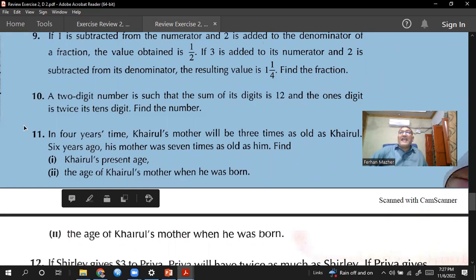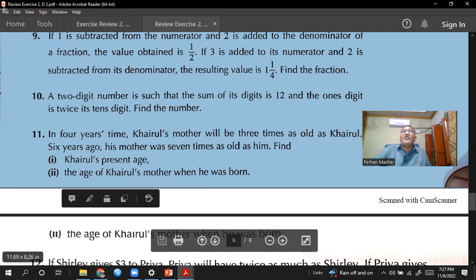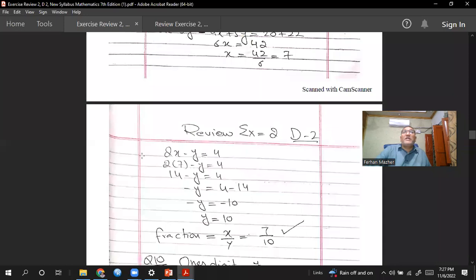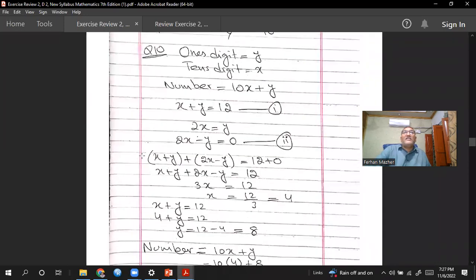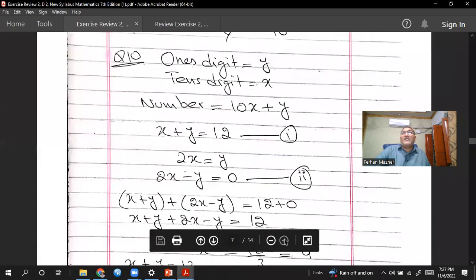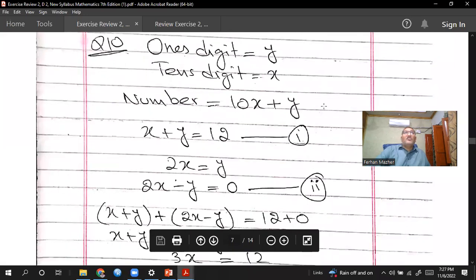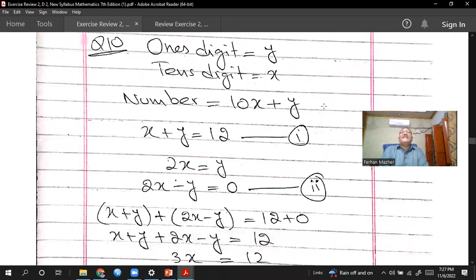And the number will be 10x plus y, because the digit at the tens place should be multiplied by 10. So the ones digit is y, the tens digit is x, the number will be 10x plus y.